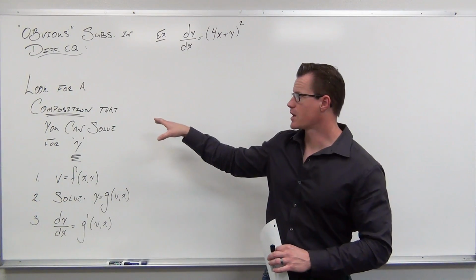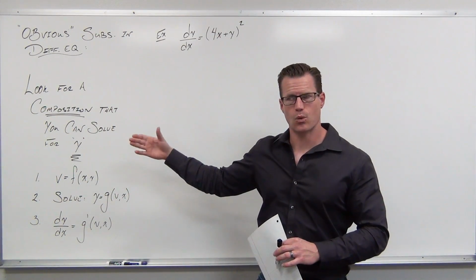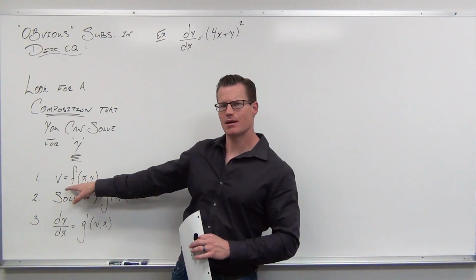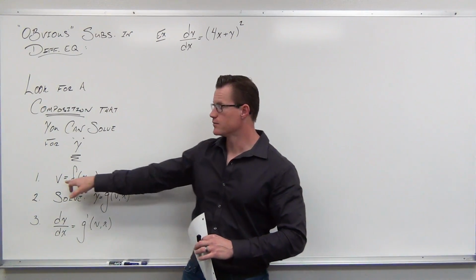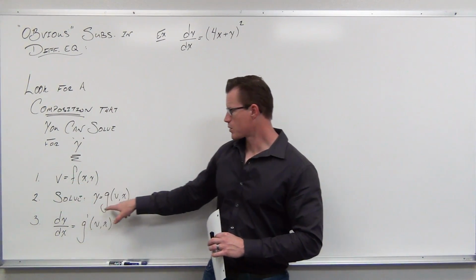So we're going to be looking for a composition, something that you can solve for y. Why is that important? Well, if we choose a composition and call it v, and we solve that for y, no problem.